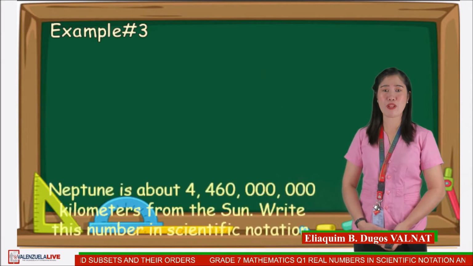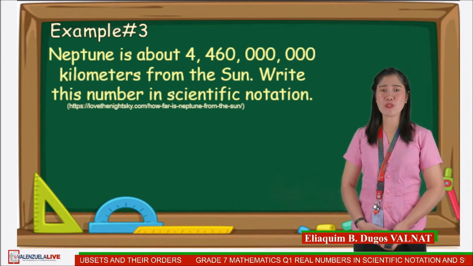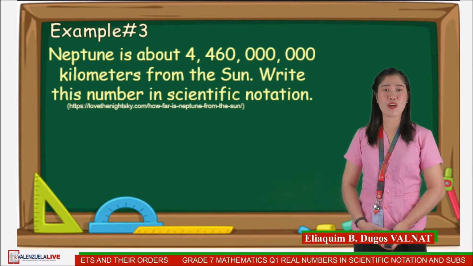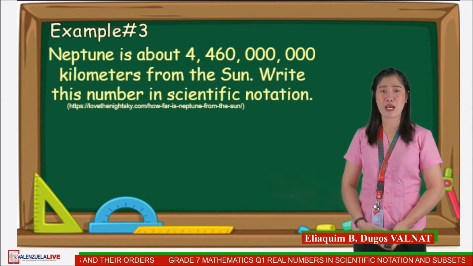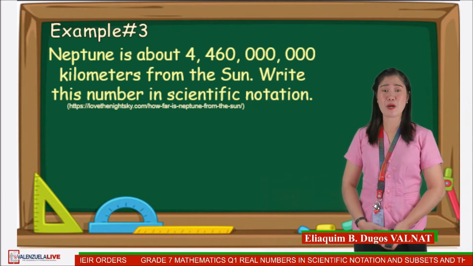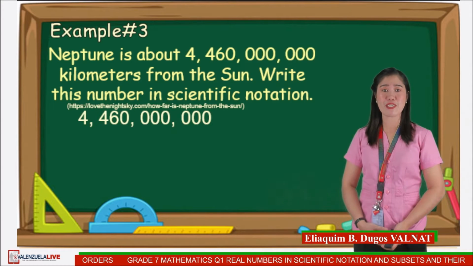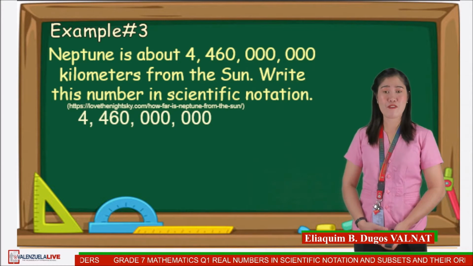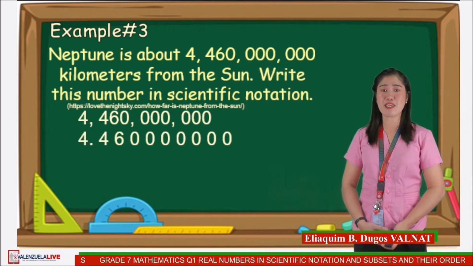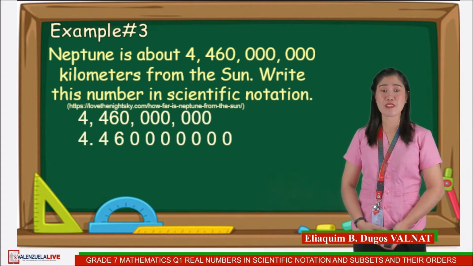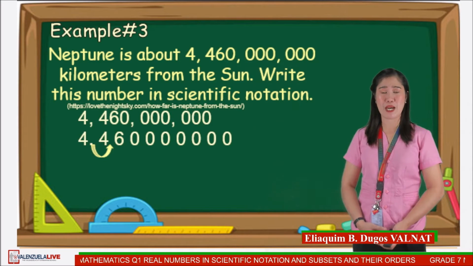Let's have example number 3. Neptune is about 4,460,000,000 kilometers from the Sun. Let's write this number in scientific notation. First, you're going to place the decimal point to the right of the first non-zero digit. Next, count the number of places to the right of the decimal.